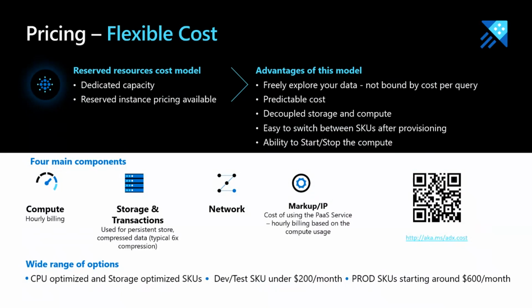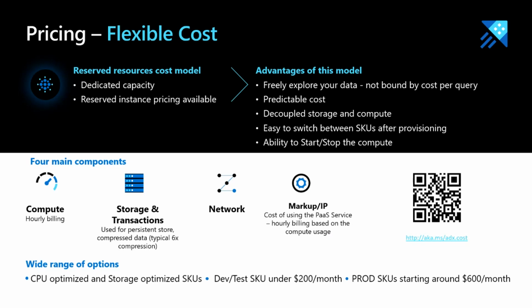Obviously, that goodness comes with a price, but we have a very flexible cost model, which makes ADX highly competitive for these workloads. This is a cost-plus business model where you pay for the underlying compute, networking, and storage transactions, and then add the IP markup, which correlates to the compute used. This model allows you to explore your data with predictable costs. It supports decoupling of storage and compute and choosing from a variety of compute SKUs to best fit the specific workload.